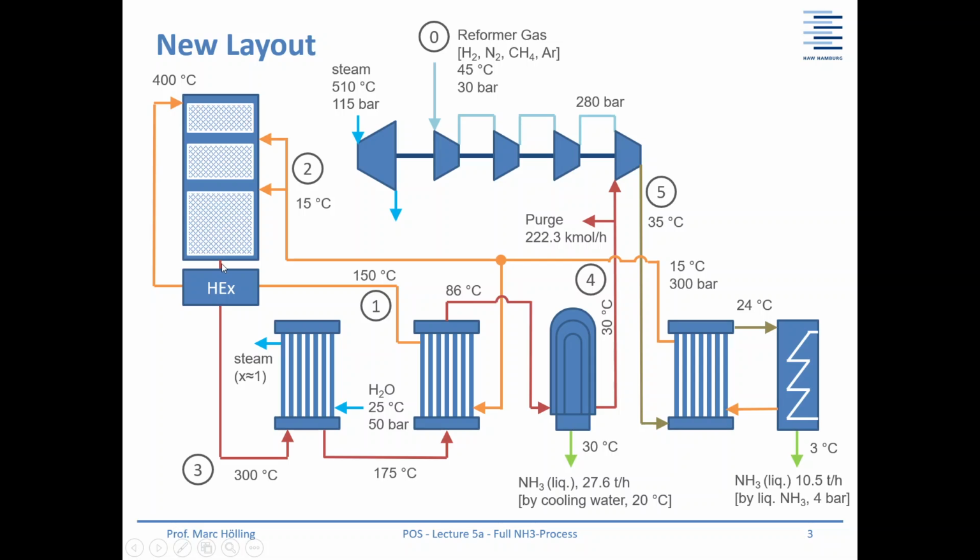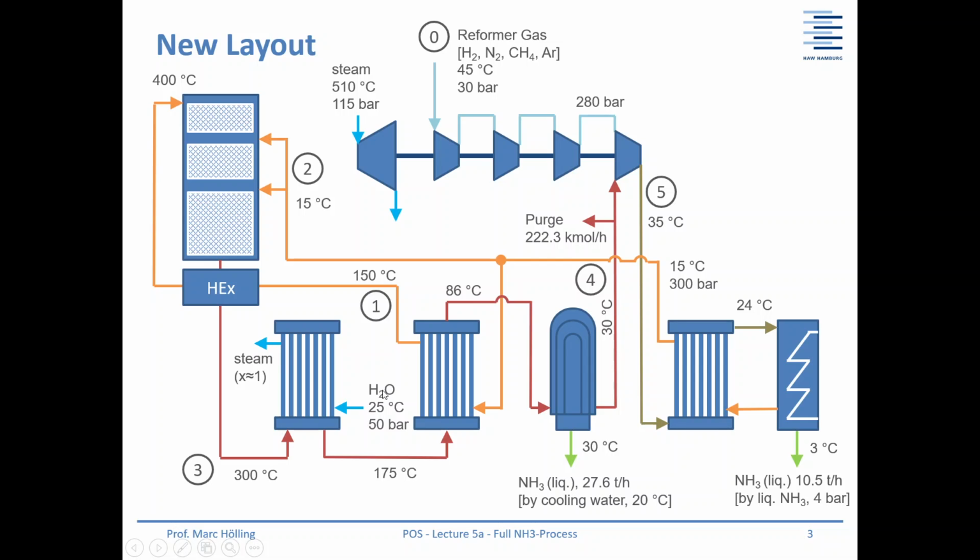Then it leaves the heat exchanger with a temperature of 300 degrees Celsius. With this off gas from the reactor at 300 degrees Celsius, we produce steam.